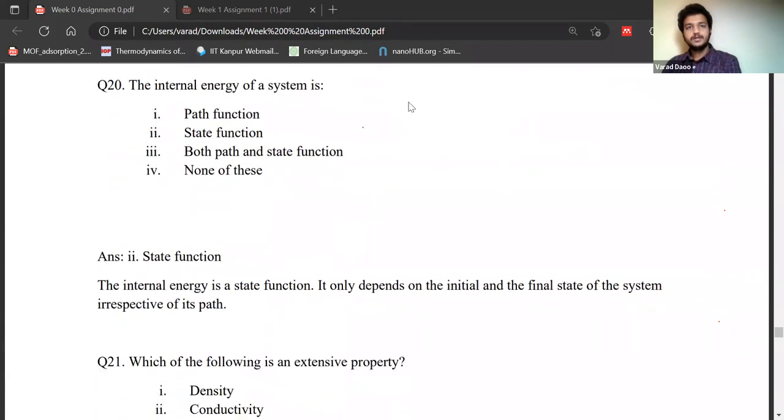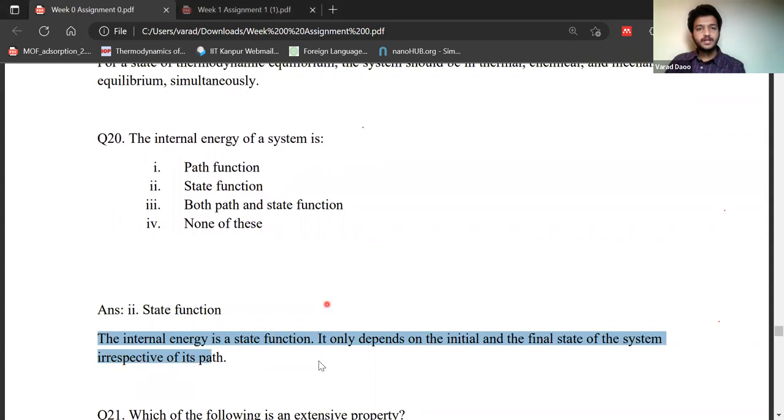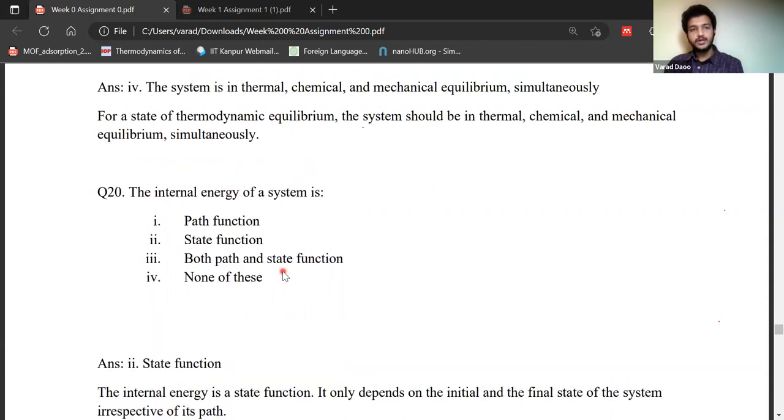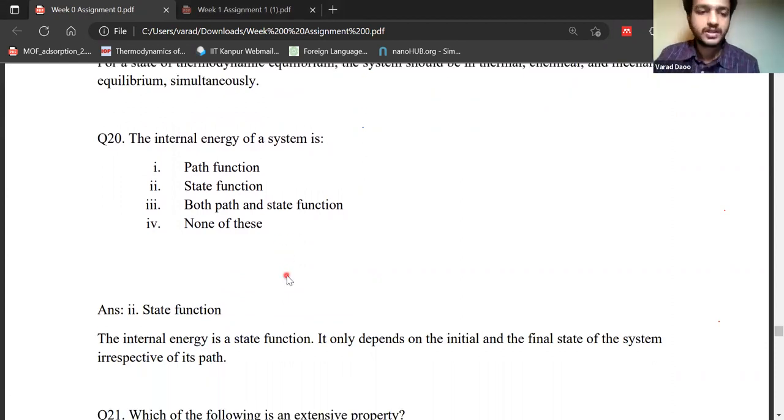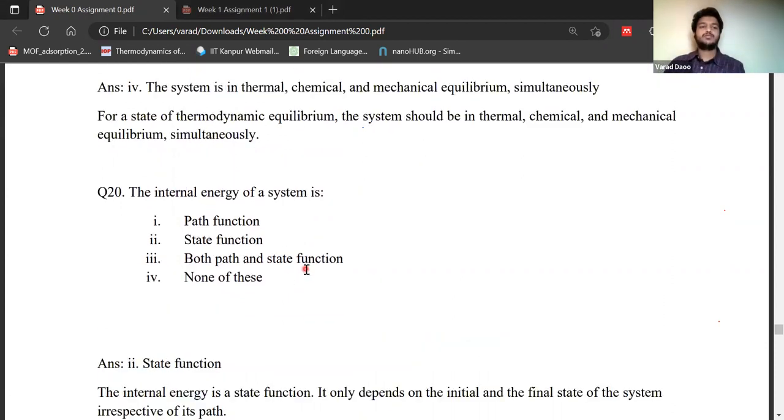The internal energy is a state function. It only depends on the initial and final state of the system, irrespective of its form. So I hope everybody enjoyed this question, and if anybody has any questions, they can ask now.